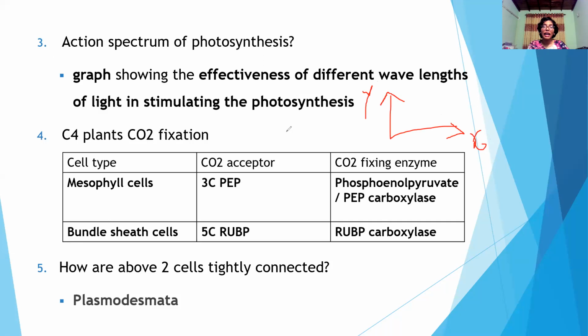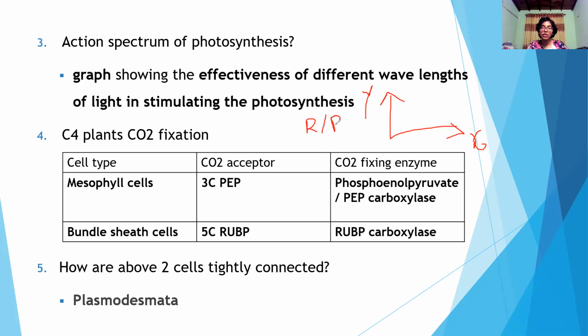Here in the action spectrum, in the y-axis we have the rate of photosynthesis, the reaction rate. I'll put it as RP.